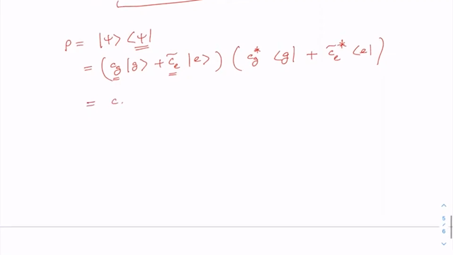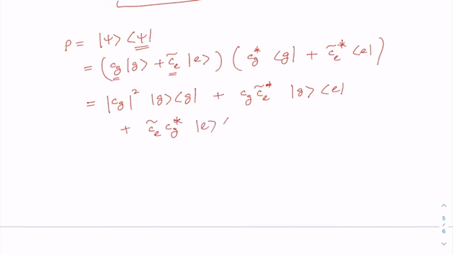You will get mod Cg square ket Z bra Z. Let me write all the combinations here. You will get Cg Ce tilde star ket Z bra E, then Ce tilde Cg star ket E bra Z, and finally mod Ce tilde square ket E bra E.